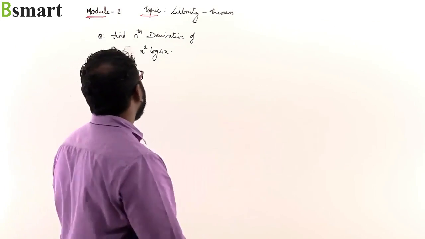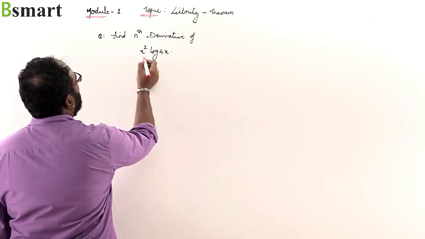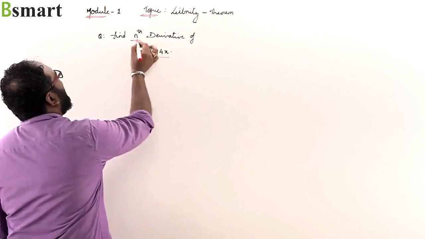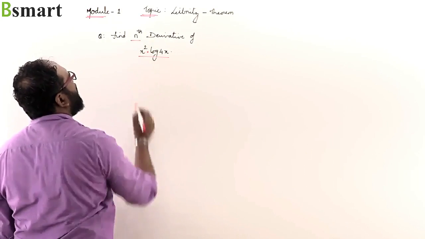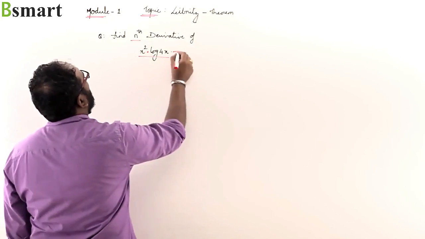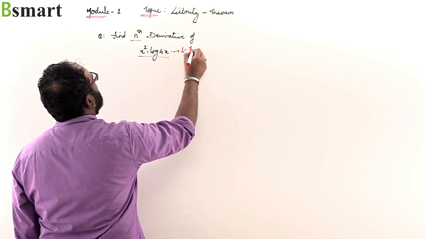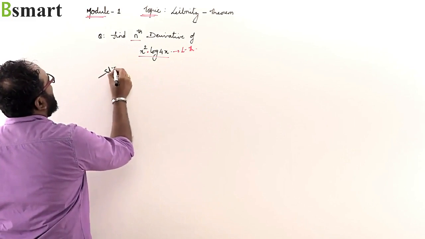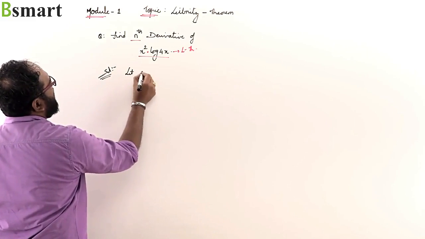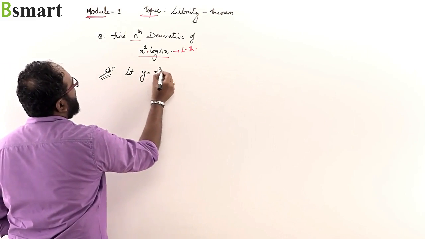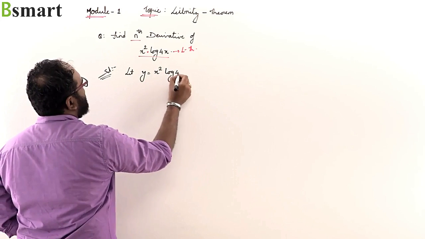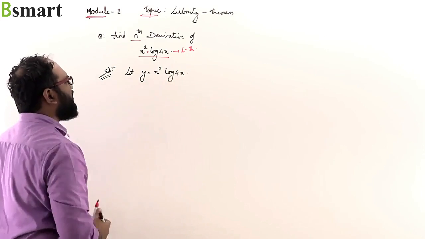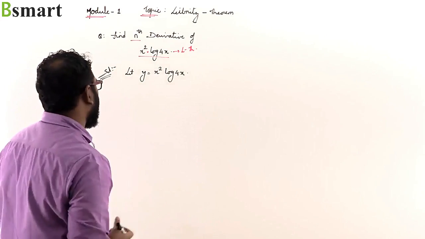Now here we are asked to find the nth derivative of x² log 4x. Again, as we have a product of two functions, we can go for the Leibniz theorem. So let y = x² log 4x. We directly have the nth derivative of log, so we can directly apply it.